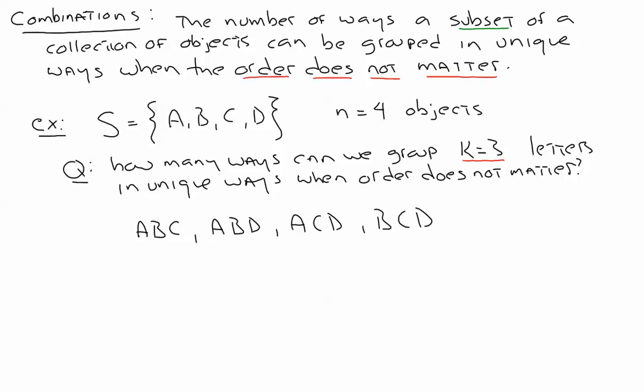In other words, what I'm saying here is, for example, the group B, C, D, for purposes of determining the number of combinations, B, C, D equals C, D, B, that equals D, B, C, and several other orderings, okay? So for purposes of combination, the order doesn't matter.